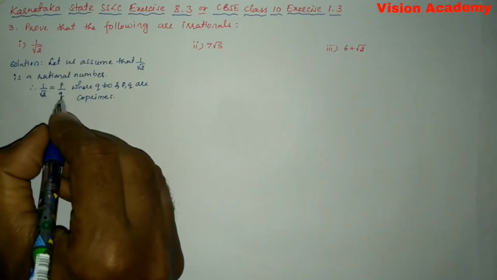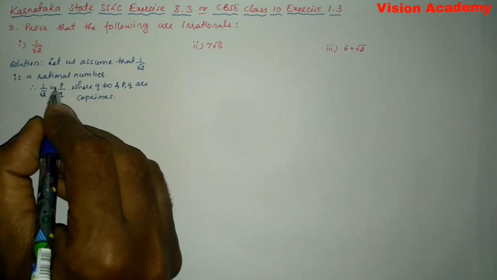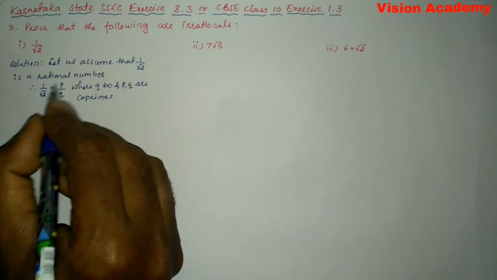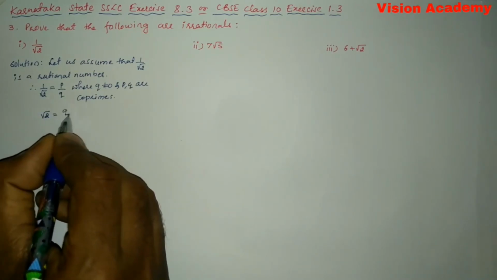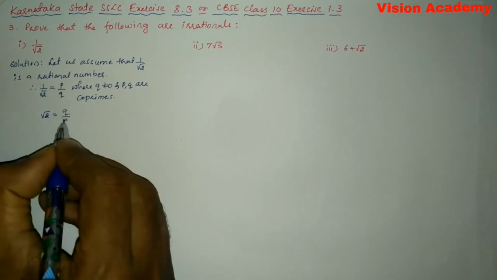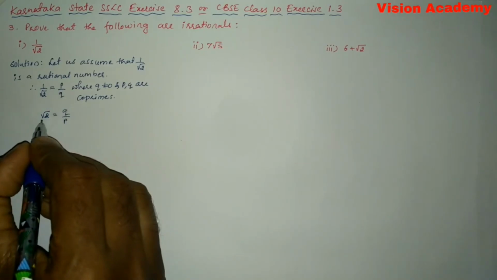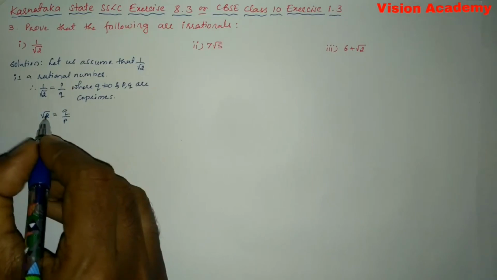Here, if I convert the numerator into denominator and denominator into numerator, then it will become square root of 2 is equal to q by p. Instead of p by q, we can write q by p, and it is equal to square root of 2.